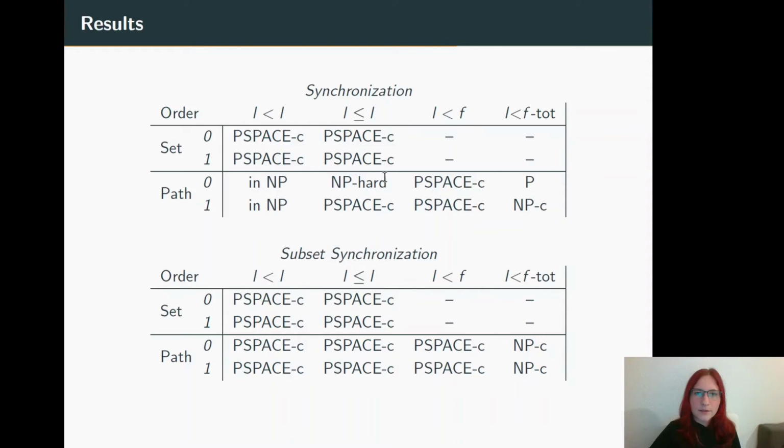On the other hand, if we also allow equality, then the case is not so clear. So here, for taking the initial position into account, we only could observe NP-hardness, but we do not have membership in NP, so we don't know whether these two cases are really different.